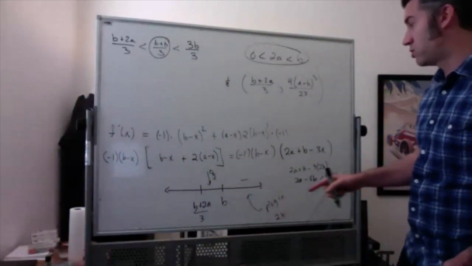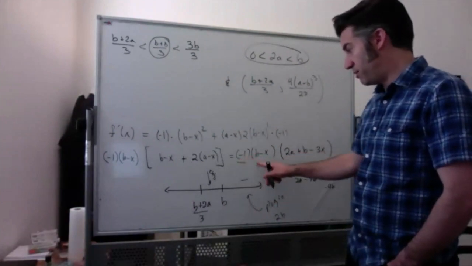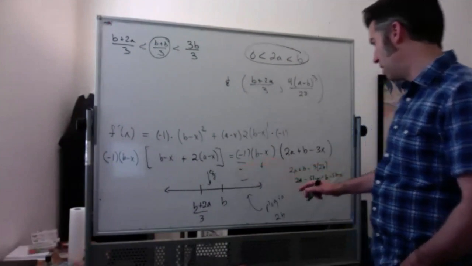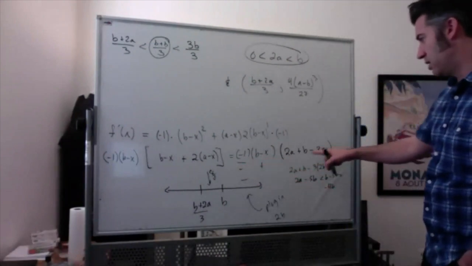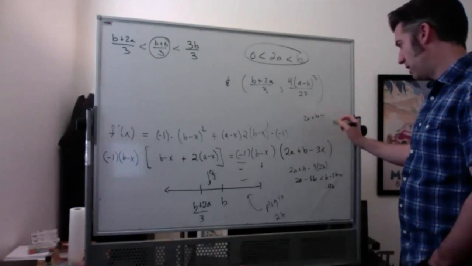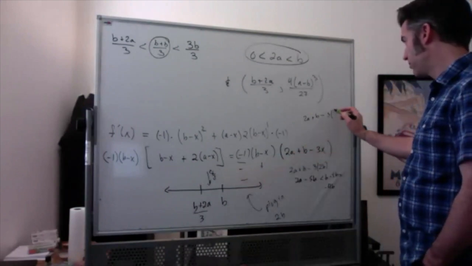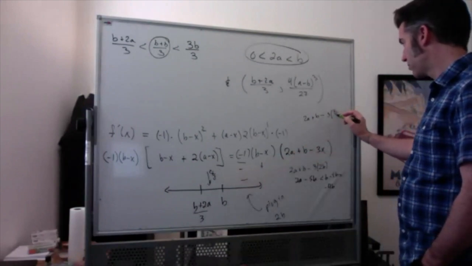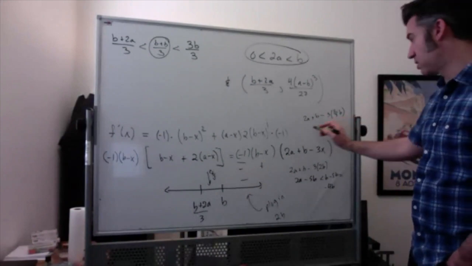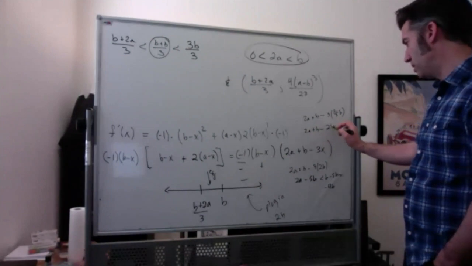So if I plug in 2/3 b, this part's negative still. b minus 2/3 b is positive. And then, okay, so now I'm going to have 2a plus b minus 3 times 2/3 b. All right, 3 times 2/3 is 2, so this is going to be 2a plus b minus 2b.